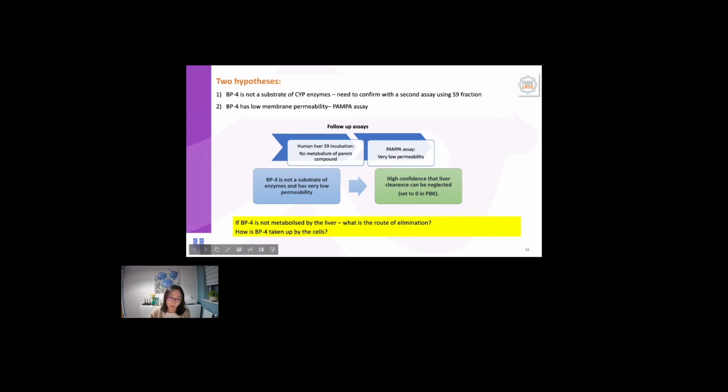But then this made us wonder, if BP4 is not metabolized by the liver, what is the route of elimination, and how is BP4 taken up by the cells? Next one. Thank you. So we need to understand chemical organ distribution and renal clearance.